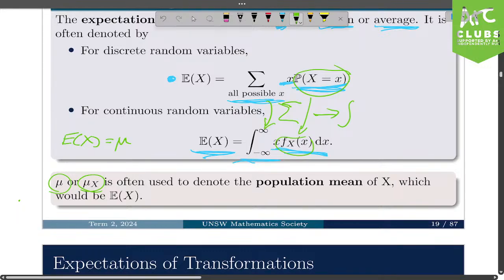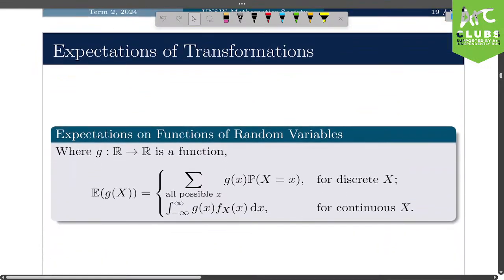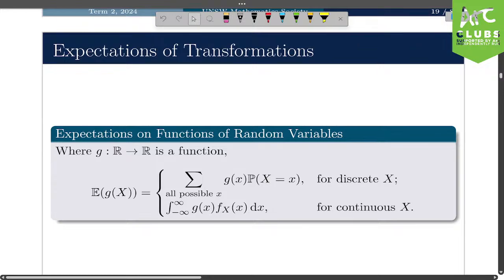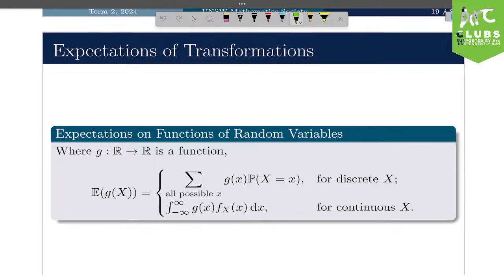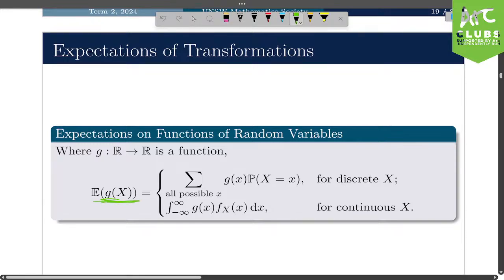That's all that means. All right, expectation values of transformations. The expectation value of some g of x, a transformation of x, is equal to the function g of x multiplied by the probability, summed over x. For a continuous random variable, it's g of x multiplied by the probability density, integrated.